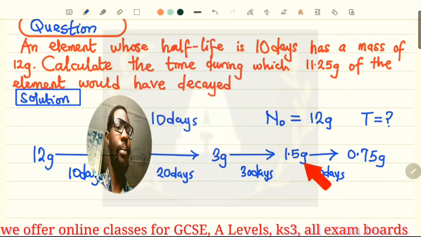Now the question requires us to calculate the time during which 11.25 gram of the element would have decayed. So 11.25 gram of the initial mass.